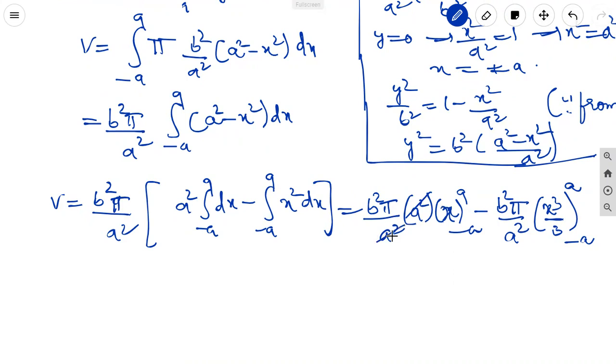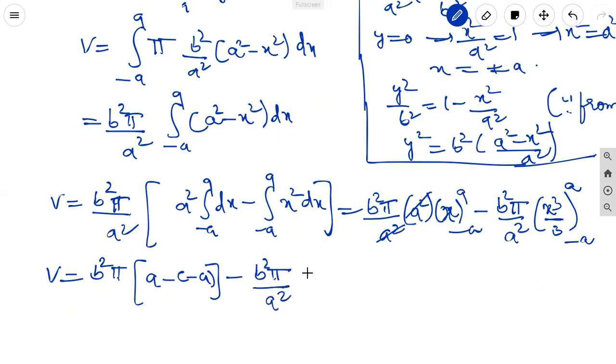Here a squared gets cancelled. V equals b squared pi into a minus of minus a, minus b squared pi by a squared into a cubed by 3 minus of minus a whole cubed by 3.